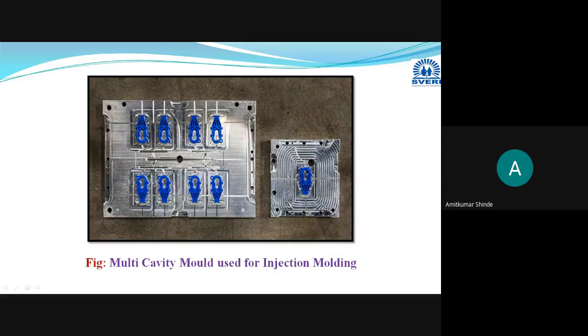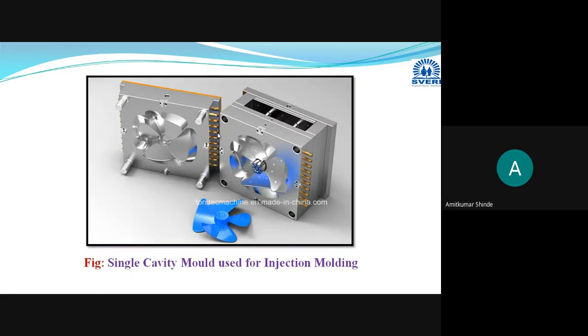Go for multi cavity mold also. This is the final product. This blue color is the final product. You can go for multi cavity mold also, okay. In injection molding, single cavity molds as well as multi cavity molds can be used as per our requirements or our economical conditions. We can use it.